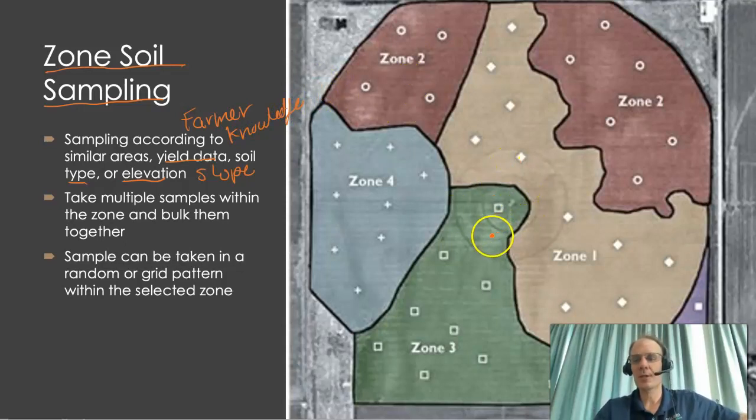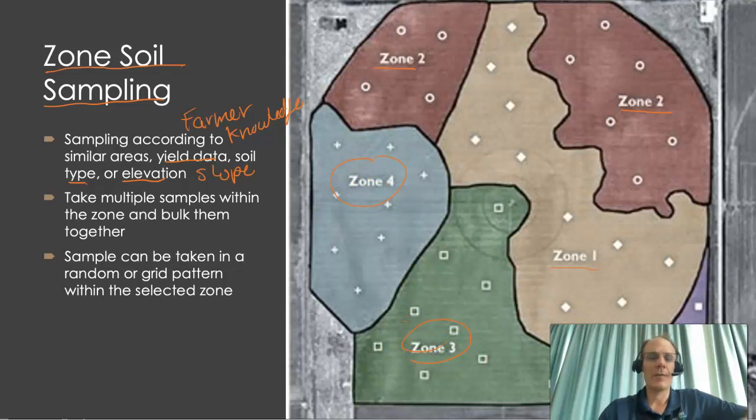In this map, you can see they have created five different zones for the field. We have zone 1. We have zone 2. These are actually separated by zone 1, but they have similar properties, so they have created zone 2. We have zone 3 down here, zone 4 over here, and zone 5 down here.